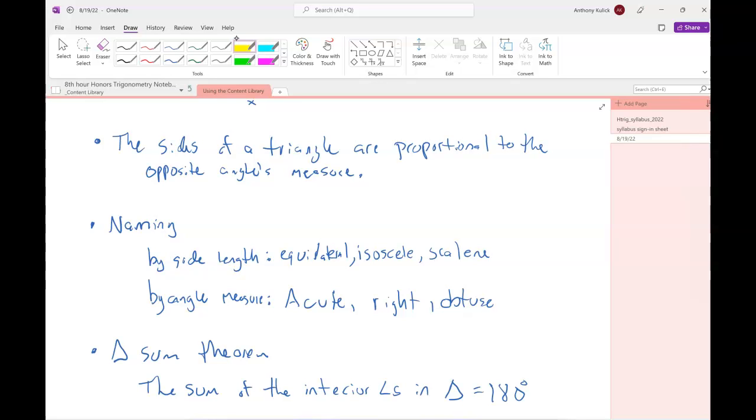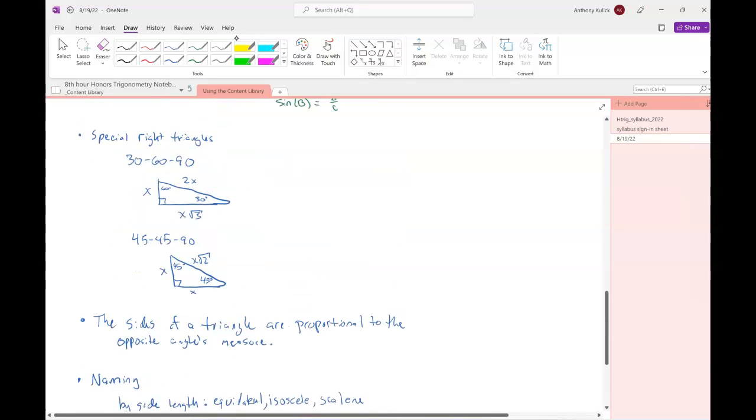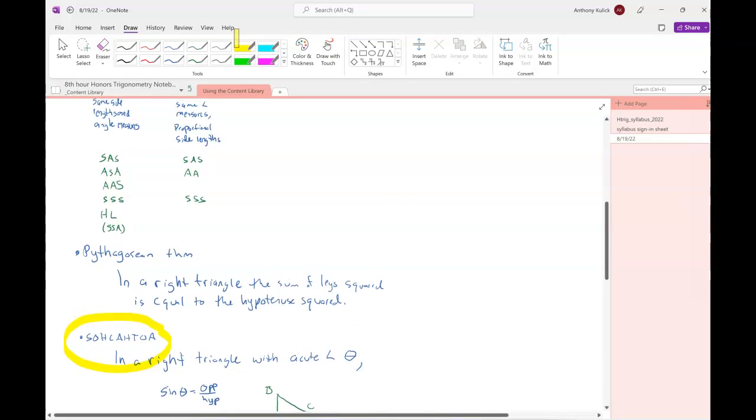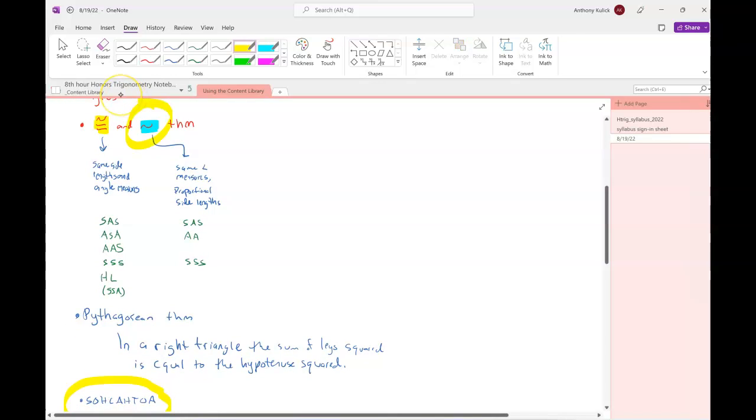So, thinking about this information, I have a question for you. What's the relationship between Sohcahtoa and similar figures? Okay, that's true, but that just dances around.